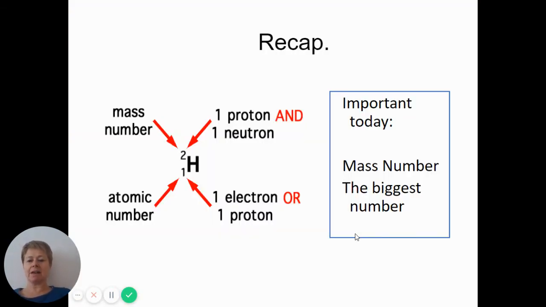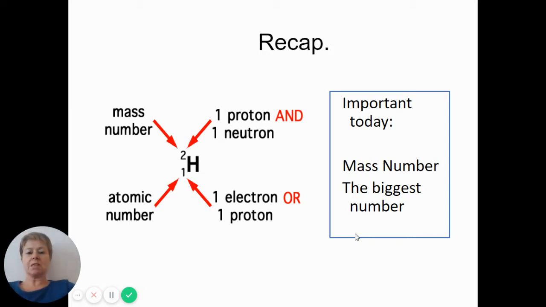Here it is again for hydrogen. It's that bigger number, which is usually the one written at the top. The bigger or massive number is the mass number. The mass number tells us the total number of protons and neutrons in the nucleus of an atom. So there are 2 protons and neutrons in a hydrogen atom.